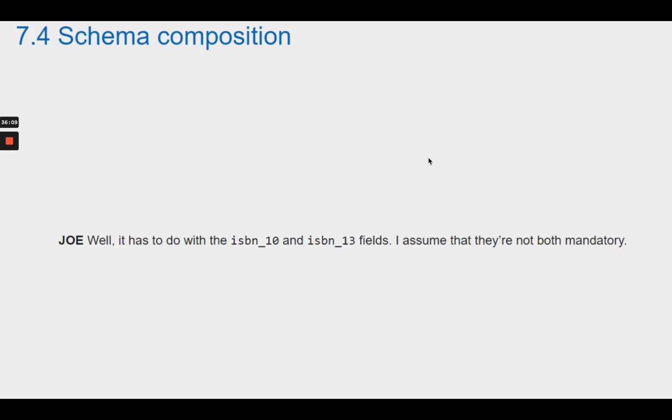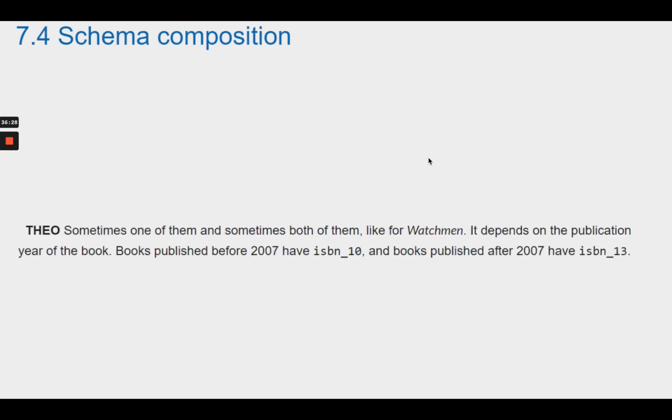Joe: Well, it has to do with the ISBN_10 and ISBN_13 fields. I assume that they're not both mandatory. Theo: Right. That's why I didn't include them in the required field of my schema. Joe: But one of them should always be there, right? Theo: Sometimes one of them and sometimes both of them, like for Watchmen. It depends on the publication year of the book.